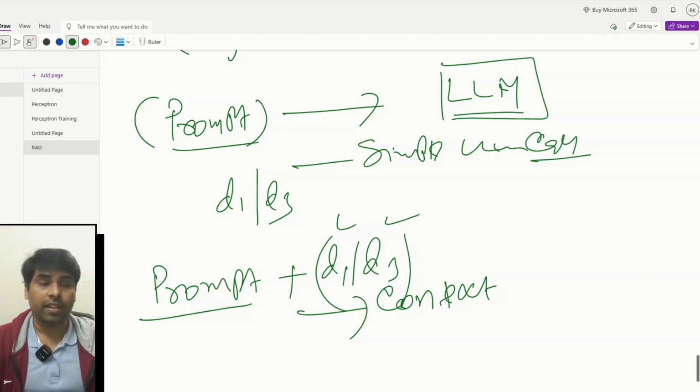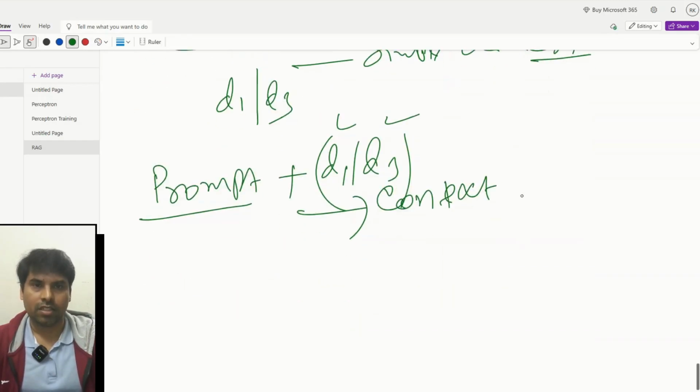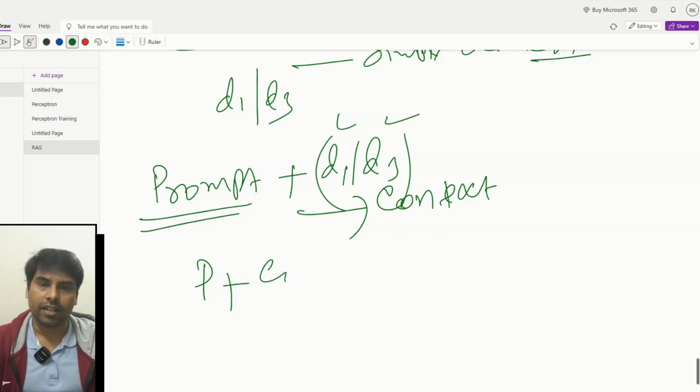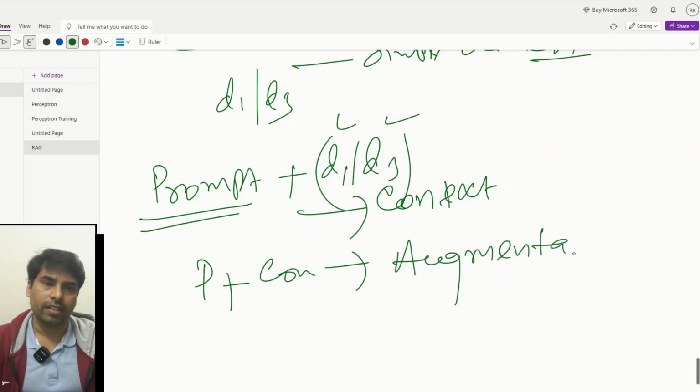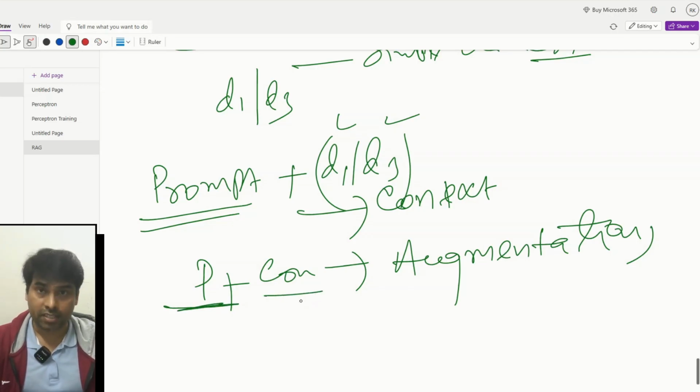So I'm adding two things: from the previous step I got my context, and I already have a prompt. I'm combining prompt plus my context. This process is called augmentation. I'm augmenting my prompt with the right context, which I found in the first step.